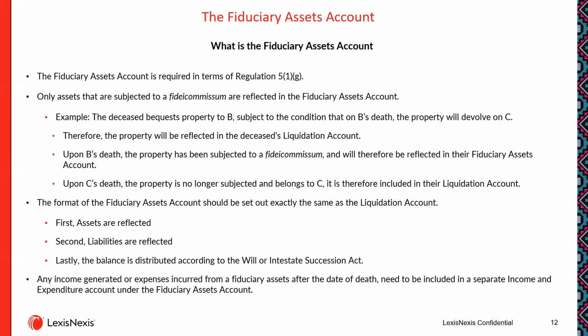We will have our fiduciary assets, any liabilities on our fiduciary assets, and then if we have any balance in that account, we will distribute it separately in our fiduciary assets account, either in terms of the will or in terms of the Intestate Succession Act.